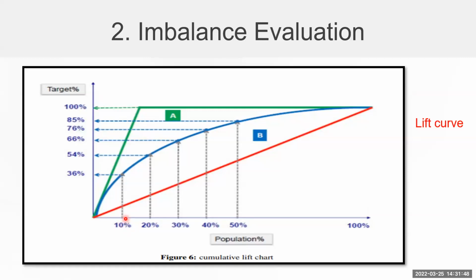The higher line means that okay, we get the 10%. If we take the upper line, in the B model we only get the 36% target.